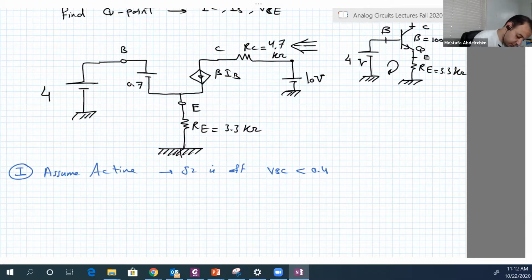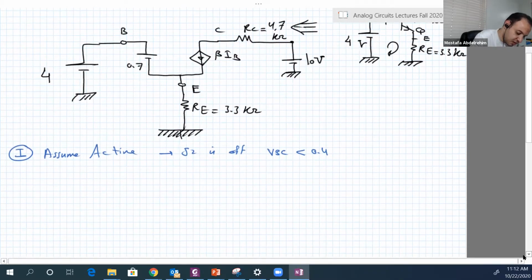So let's do that. Nothing is known here. We know this point here has a voltage of 4, and there is a 0.7 drop. So this one is 4 minus 0.7, and this is IE.